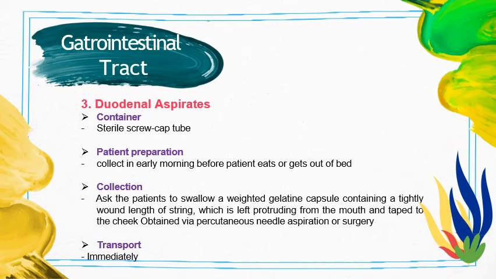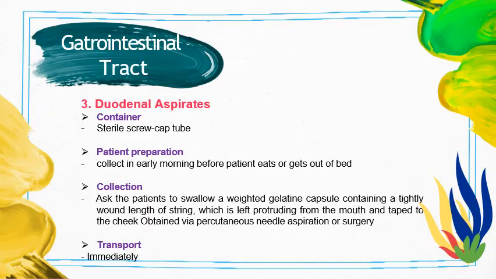Next is your duodenal aspirates. This is a sample to be taken from your duodenum. The container is a sterile screw cap tube.